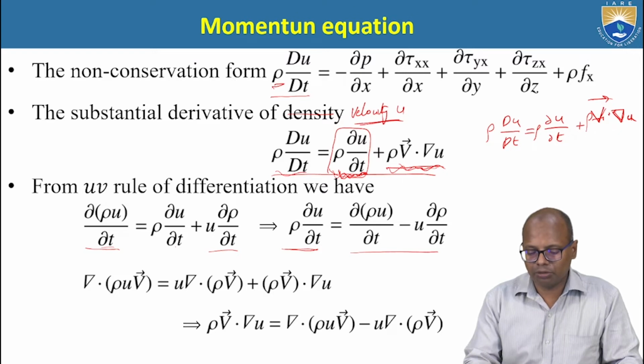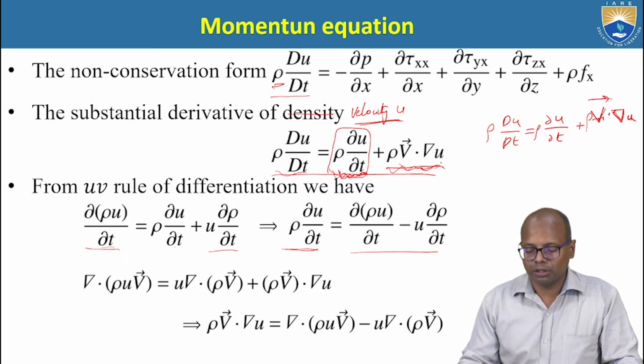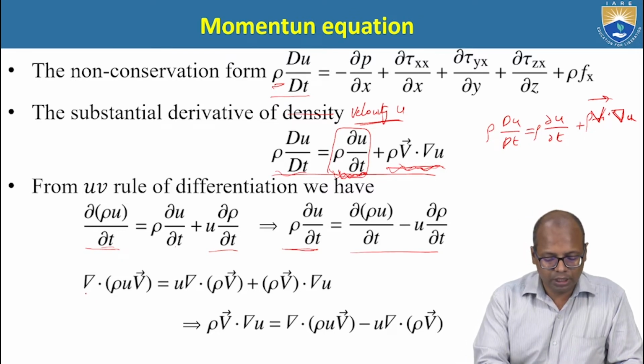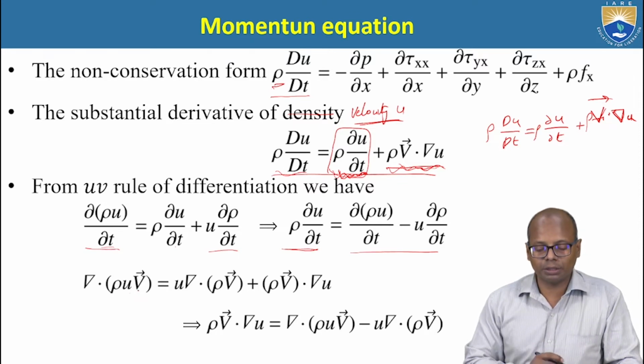Here I have V̄, ρ and u. ρV̄ is one term and u is another term. For these two, I have to apply the UV rule. Now, ∇ · (ρ u V̄). What are the two terms here? ρV̄ and u, two terms.